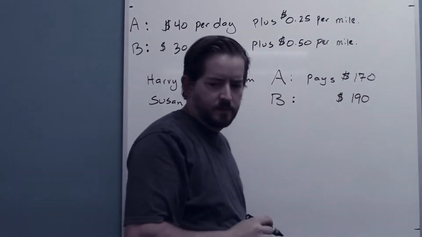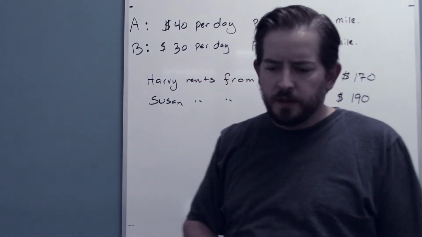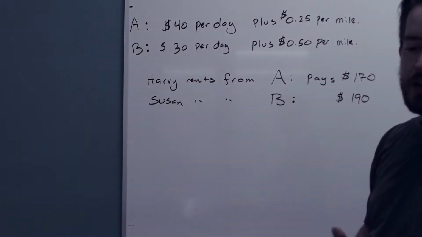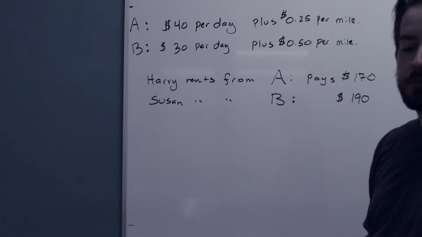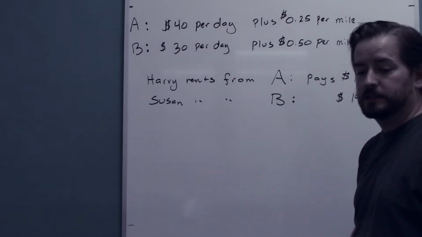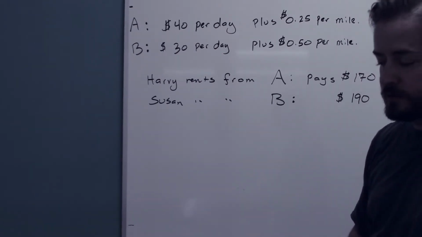If Harry and Susan rented the cars for the same number of days and drove the same number of miles, find the number of days the cars were rented and for how many miles they were driven.